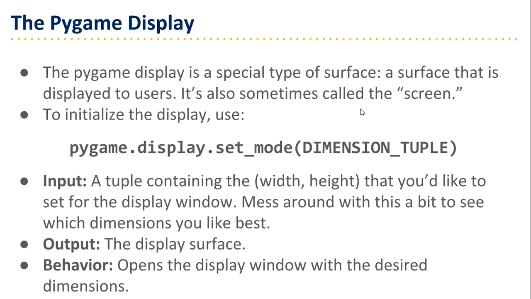The user's going to have this display, and you're going to try to put other things on the display and change it, and if you don't save that particular surface as a variable, it's going to be lost when this function runs, and you won't be able to update it. So that's an important note here, and a weird sort of anomalous thing about this display function.